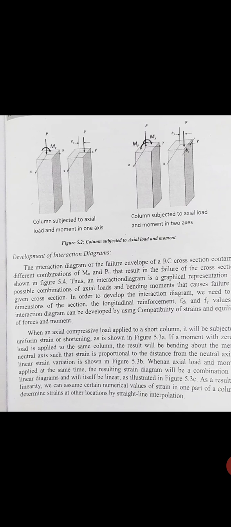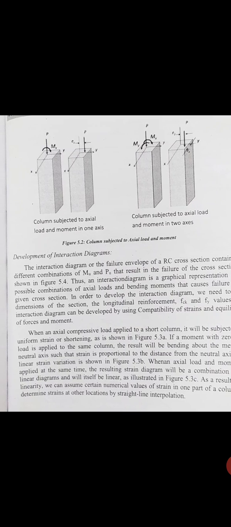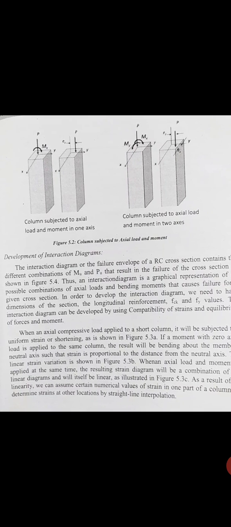When an axial compressive load is applied to a short column, it will be subjected to a uniform strain, or shortening, as shown in the figure. In the next figure, when the axial load and the moment are applied at the same time, the resulting strain diagram is a combination of linear diagrams, so it is itself linear.